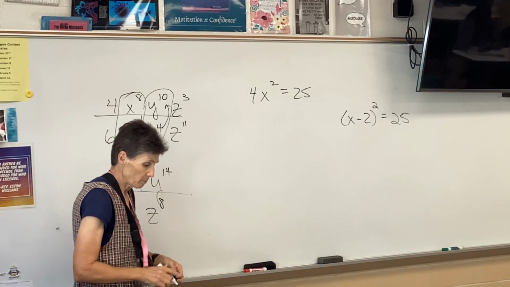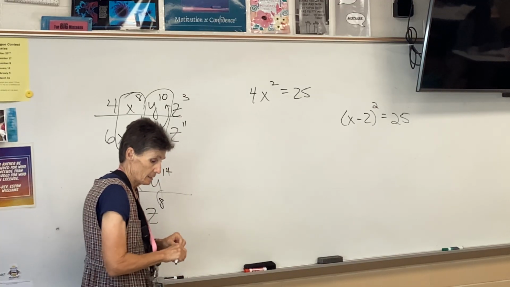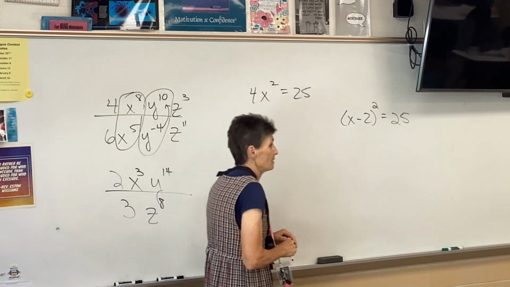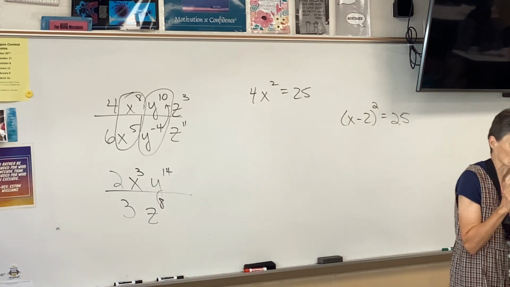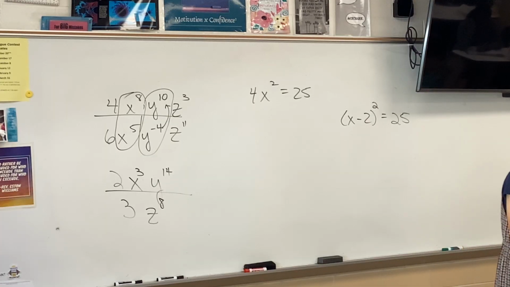We're going to start with problem number 2. The official directions should be: solve these equations by extracting square roots. What that simply means is solve them by taking the square root of both sides.